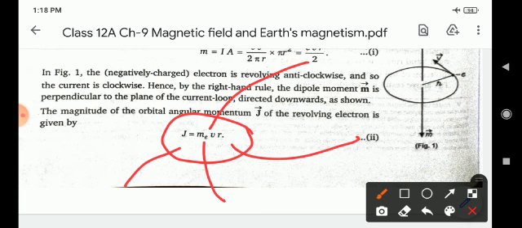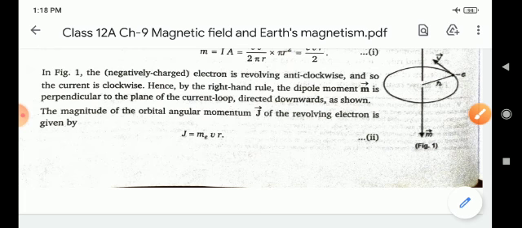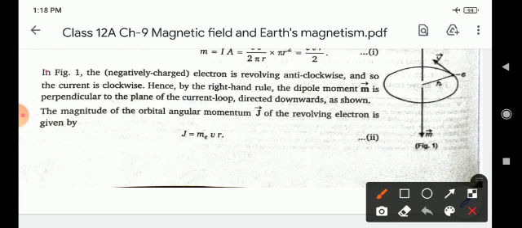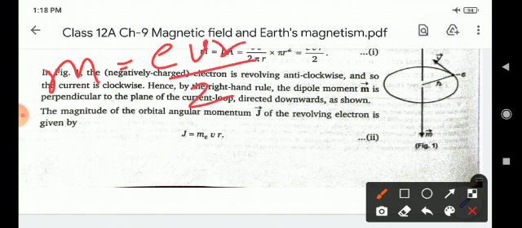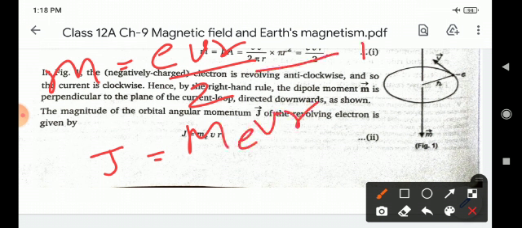Okay children, so we know that m is equal to evr upon 2 and j equal to m e v r, equations number 1 and 2.